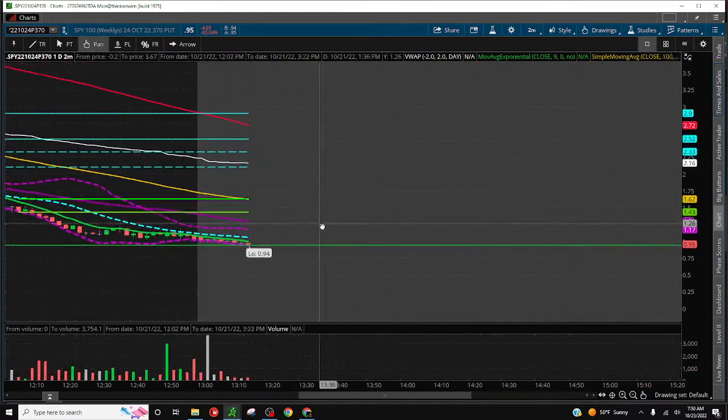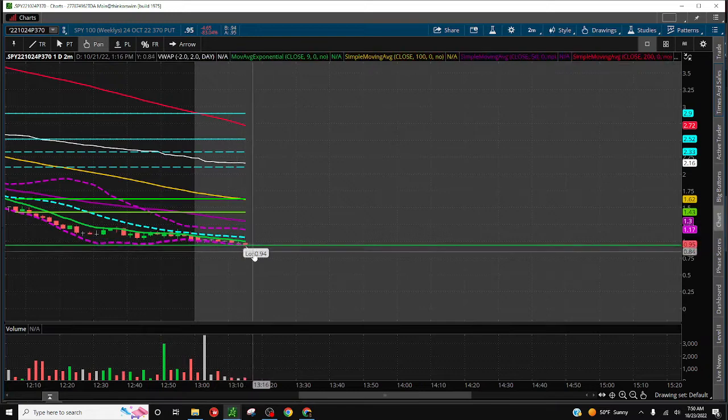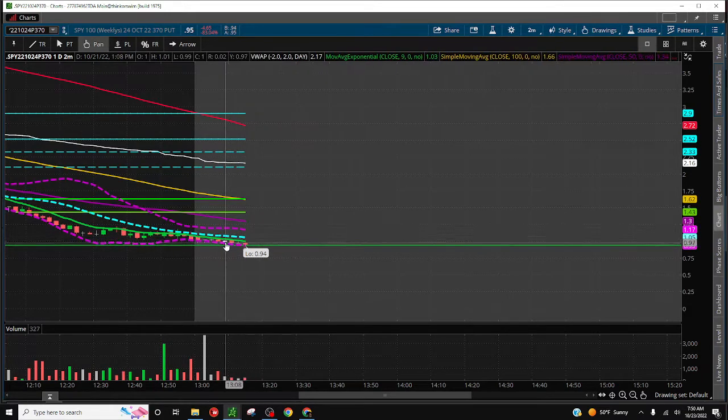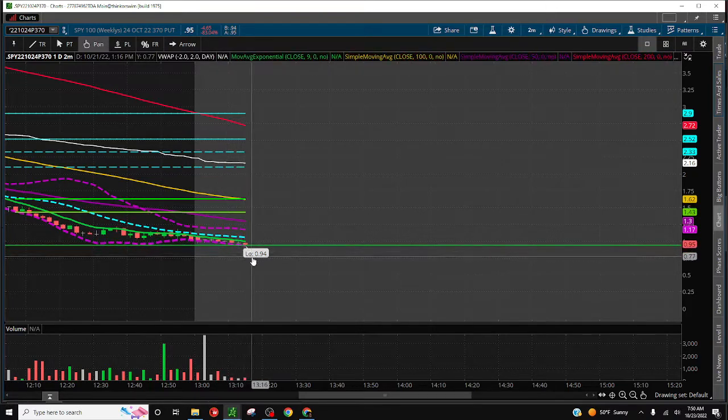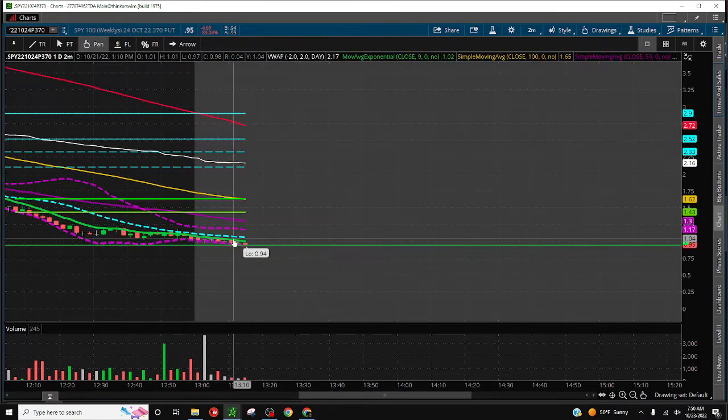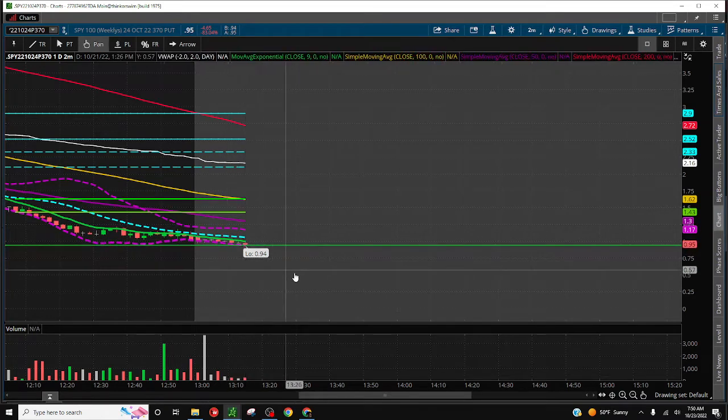So Monday, we could possibly go, this is SPY's puts. We could go down and then sometime in the morning start to rally. The puts will go down, which means SPY calls will go up. SPY, the price itself, will go up.